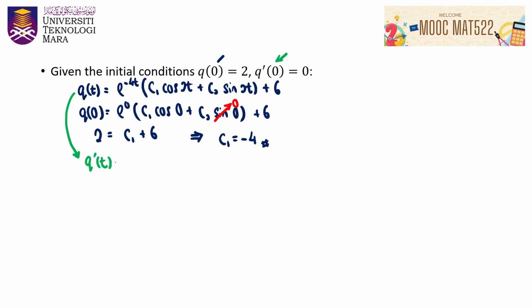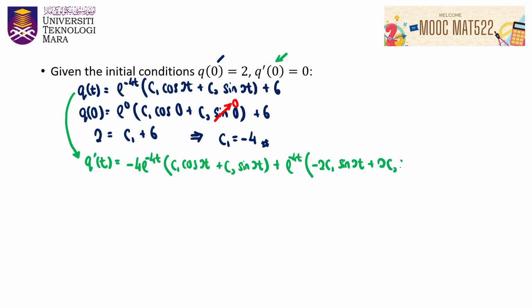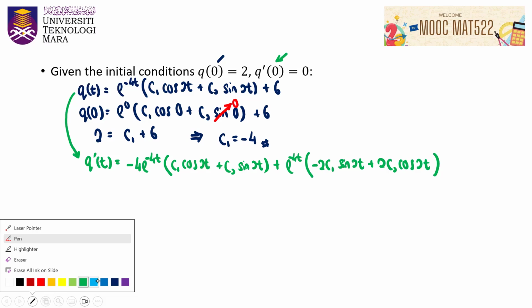Q'(t), using the product rule, gives us negative 4 e^(-4t) in the big bracket C1 cos 2t plus C2 sin 2t, plus e^(-4t) in the big bracket negative 2 C1 sin 2t plus 2 C2 cos 2t. So this is the derivative of the equation of the charges.